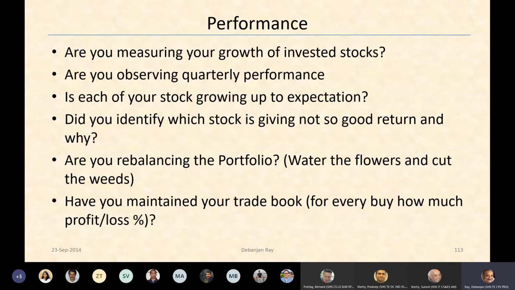For example, you have invested 100 rupees in a stock and the laggard is now currently giving 90 rupees, whereas another leader is giving 125 rupees. Even if you have not sold the stocks, that 90 rupee stock you can ruthlessly sell, and with the same amount you can buy, obviously after seeing the technical analysis, the stock which is generating 125 rupees.